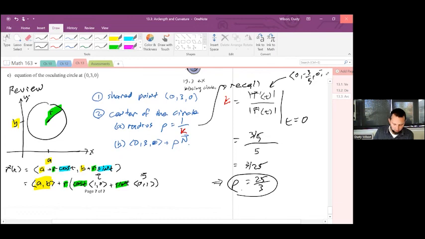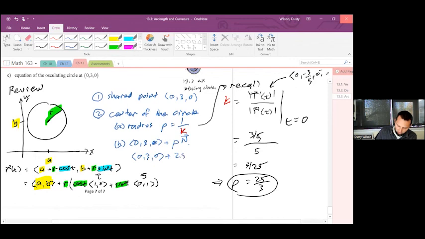So remembering our normal vector, and going back to the question we're working on, this tells us that the center of our circle is going to be at 0, 3, 0 plus 25/3. I'm sorry, this is negative, right?